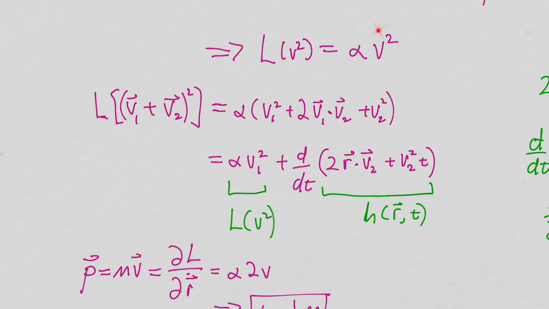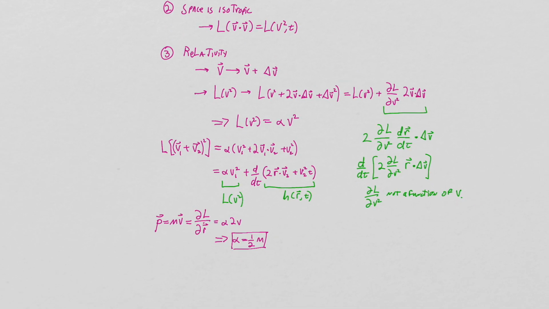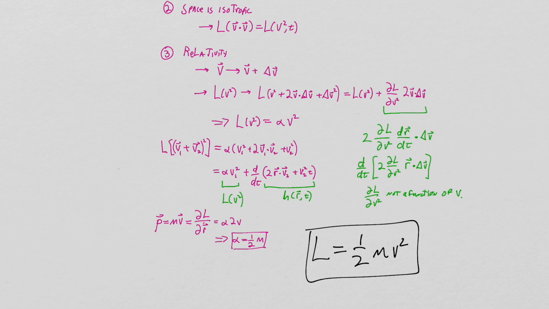Because I've chosen this, I'm now sort of proving that I can find such a function that is a total time derivative. So now I know that the function of the sum of two velocities is just the function of the first velocity squared plus this total time derivative. So this form definitely works pretty well. So that tells us in the end, ultimately, that our final result here is that the Lagrangian equals 1/2 mv squared, which is the kinetic energy side of things.